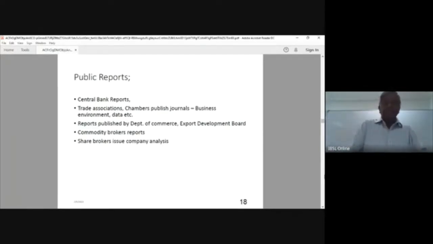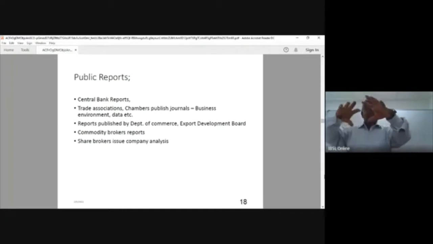Then the trade associations and chambers publish journals. The Colombo Chamber of Commerce, a very old institution, is affiliated with so many chambers, provincial chambers and district chambers. They also publish reports, and they give business environment data.